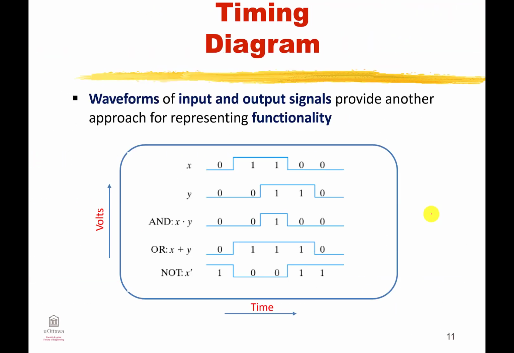So basically we learned how to describe any digital circuit using a Boolean expression, which is basically the Boolean function, as well as using a truth table.